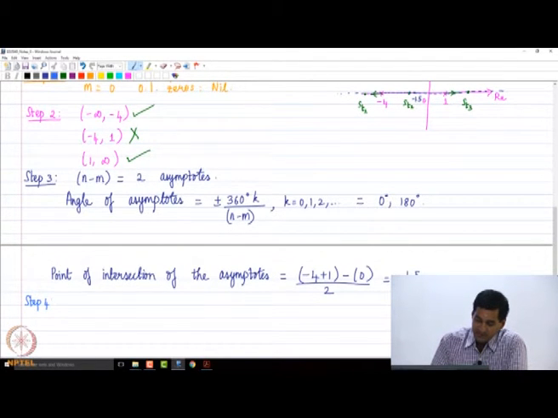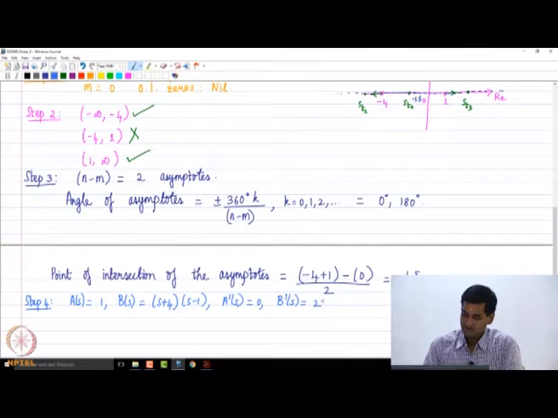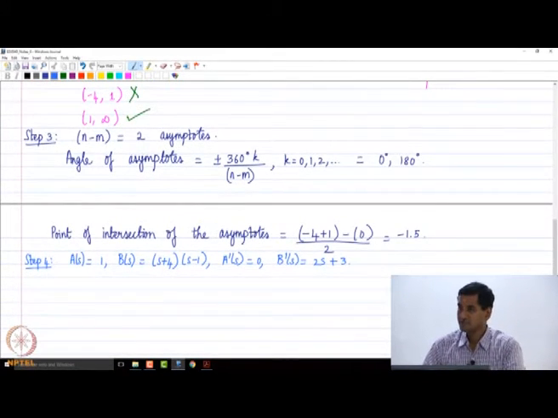Step 4 is once again going to be breakaway and break-in points. The structure is still the same. A of s is this, B of s is going to be s plus 4 times s minus 1, A prime of s is going to be 0, and B prime of s is going to be, what did we get last time? It was 2s plus 3, correct?